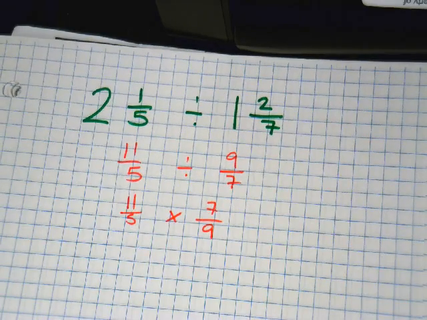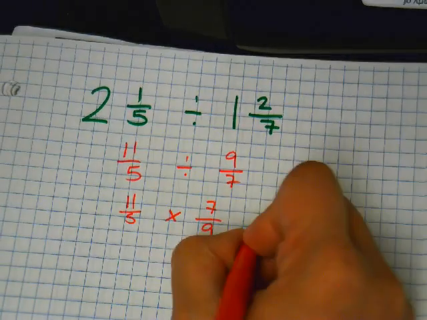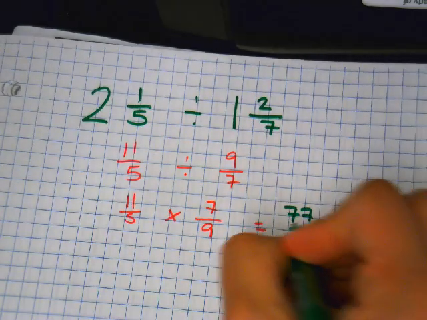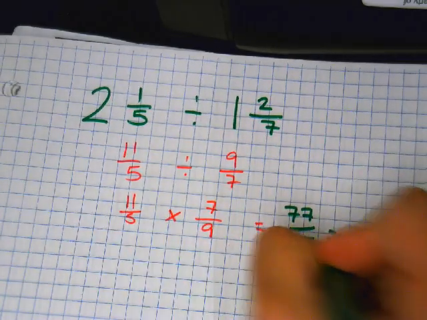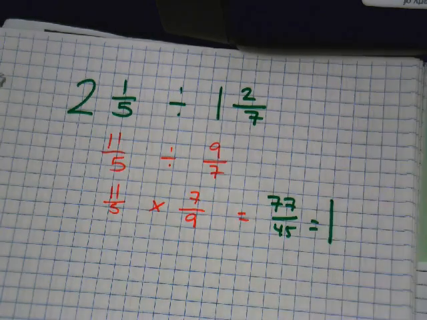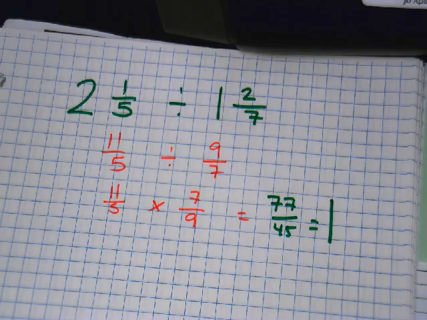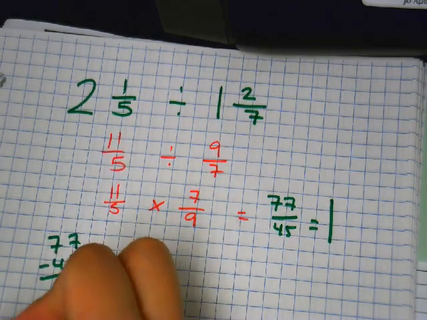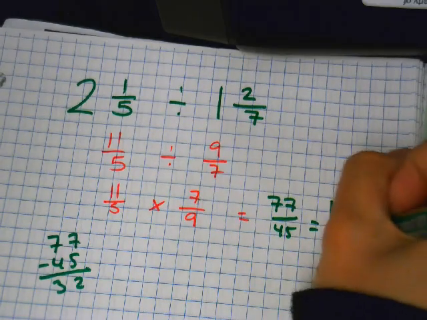Check your corners. Nothing. So what is this equal to? 77 over 45, which is equal to 1 and 32 over 45.